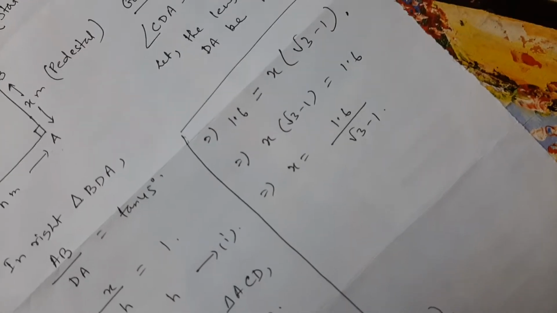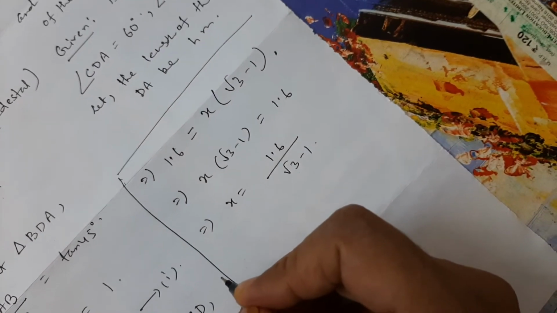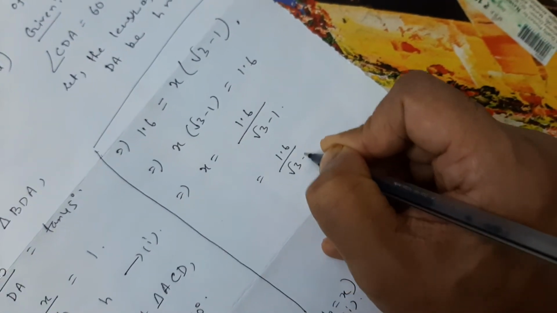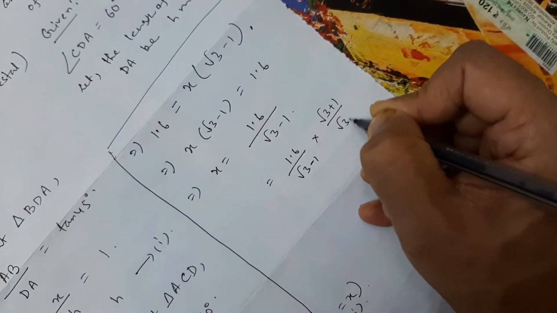Now use rationalize property, multiply both sides by root 3 plus 1. So x equal to 1.6 by root 3 minus 1 into root 3 plus 1 by root 3 plus 1.